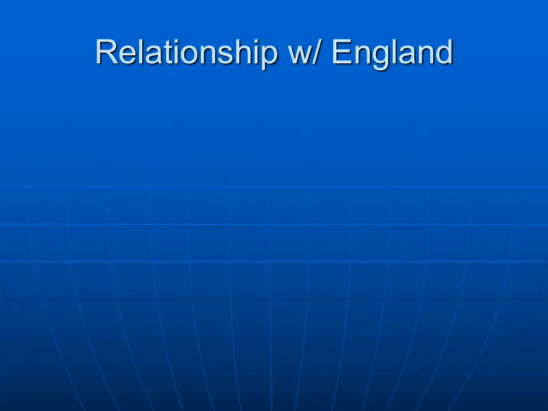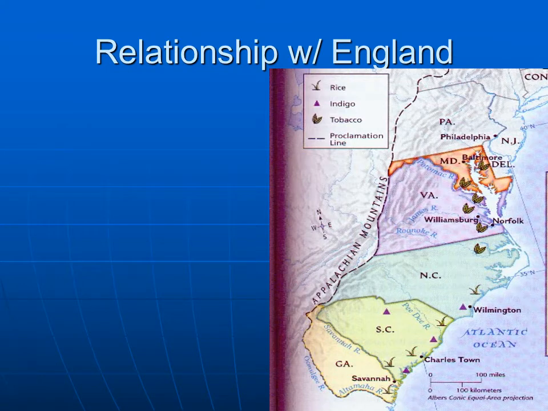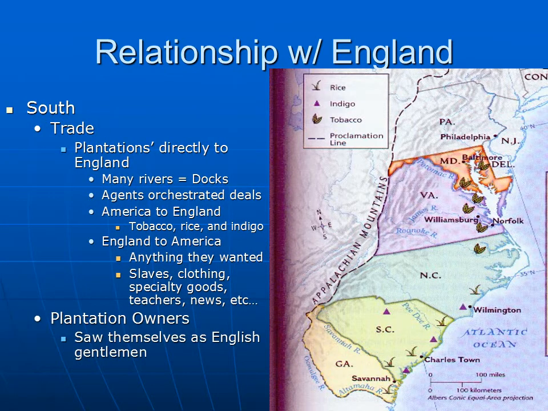Now that these colonies are established, they maintain a relationship with England. In the southern colonies, they establish a great trade relationship. The rivers are navigable. They also allow for movement into the colonies because their rivers mainly run east to west. They have great crops that are not native to England, so England is looking for those crops and access to them.